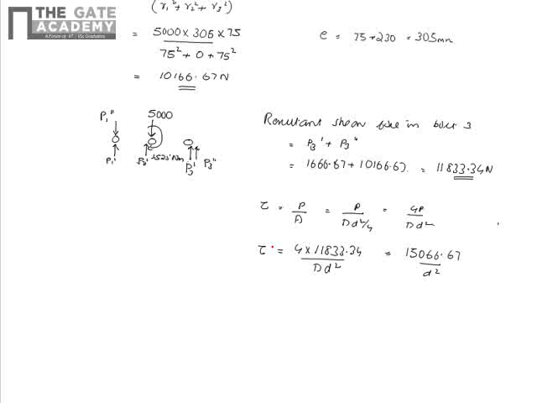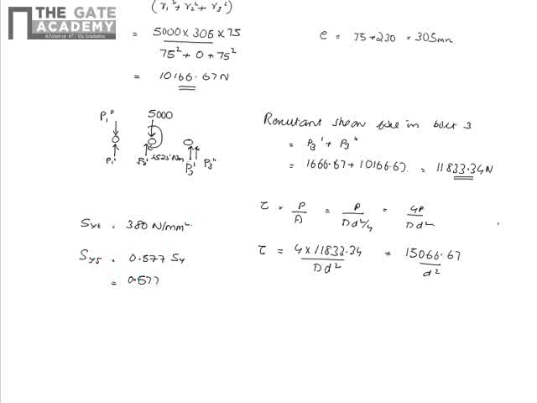Now we have got that the yield strength of the material is given as 380 Newton per mm square. So we know that if yield strength in tension is given as 380 Newton per mm square, the yield strength in shear will be given as 0.577 times the yield strength in tension.